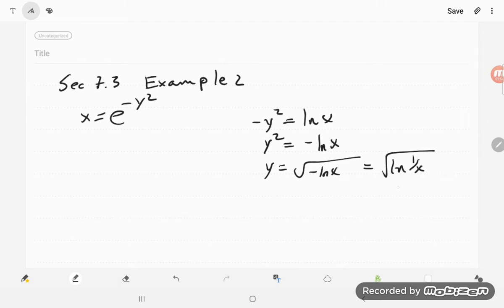So here, this tells us that x would have had to been at least 1, oh wait, other way around. It could be no more than 1, right? So 0 is less than x, less than or equal to 1.